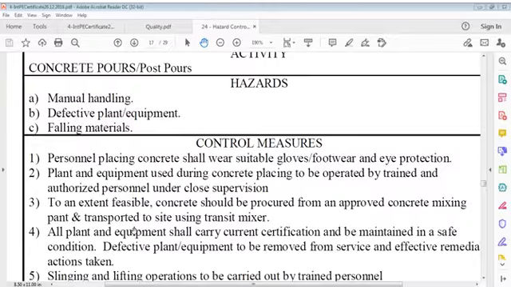Generally, to go up to some height for pouring, we have to use access stairs and platforms, temporary platforms and temporary access steps or stairs. It may be a column pour or a slab pour.